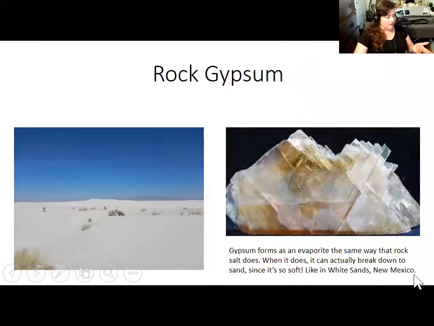And some of that other stuff can include gypsum. Gypsum, which you looked at in a past lab, is one mineral that often forms as an evaporite deposit as well, from calcium and sulfate dissolved in the water.